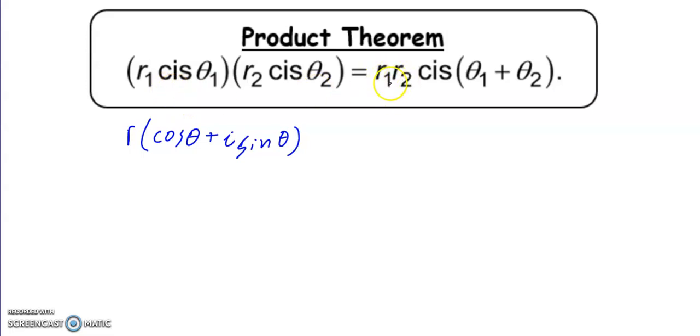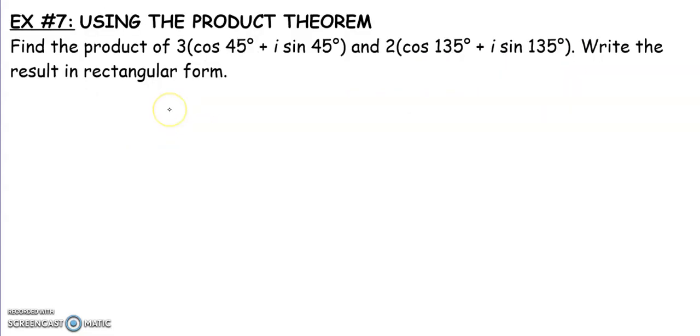We're going to multiply the two r values together, add our theta values together, and then take the cosine and sine of those and distribute the r values in. I'll show you what I'm talking about. Well, depending on how we want it, we may not distribute the r values in. So let's find the product of these two vectors.